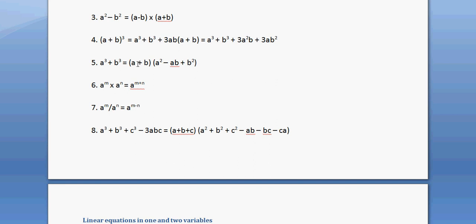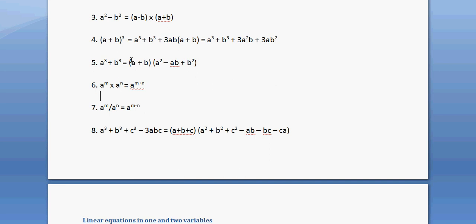So here you would get a minus b, and when you put minus b, minus and minus would become plus, and minus b square would become b square only. So this would be the formula of a cube minus b cube.